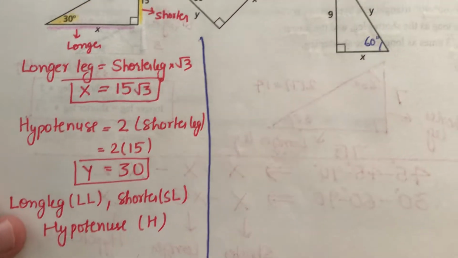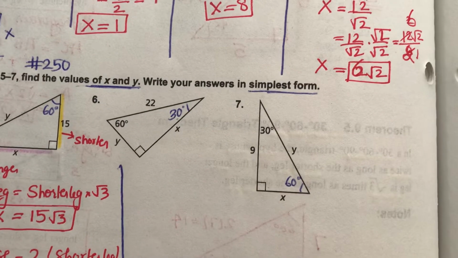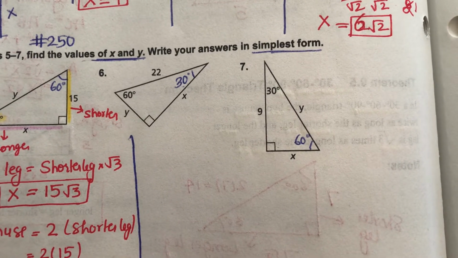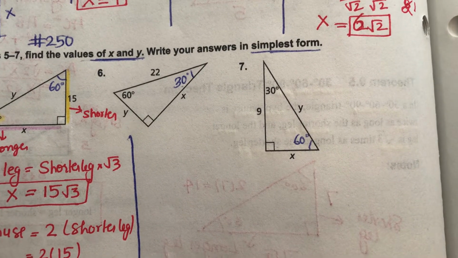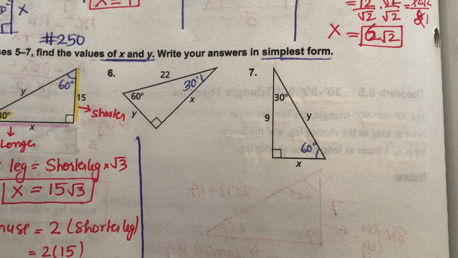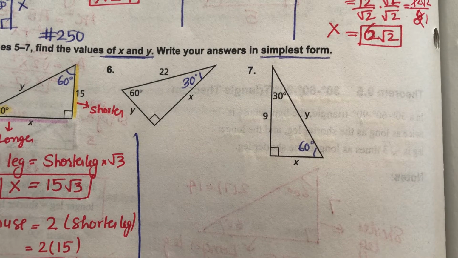Our next problem is question number 6. Again in question number 6, we're supposed to find x and y. I told you we already identified which kind of triangle that is, and we are going to just figure out our legs and hypotenuse. We are not going to pay attention to x and y, so it will reduce some confusion.